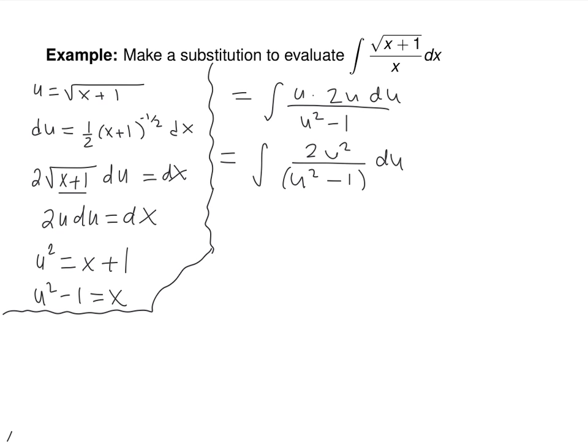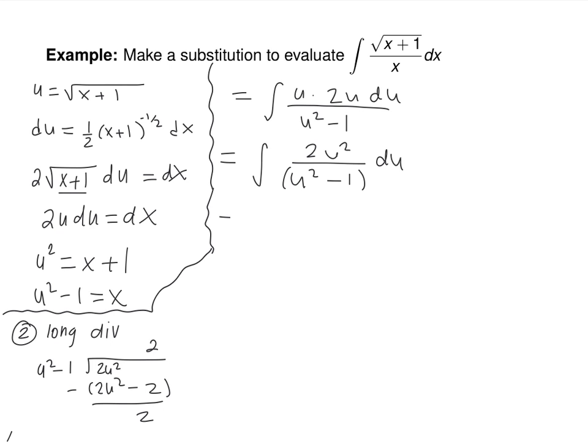Okay, now partial fraction decomposition has a couple of complicated bits. The first thing is you've got to do long division. So I'm so sorry, but step 2 after substitution is to do long division. We're dividing u squared minus 1 into 2u squared, and that will be 2. So minus 2u squared minus 2. The 2u squareds cancel, we're left with positive 2.